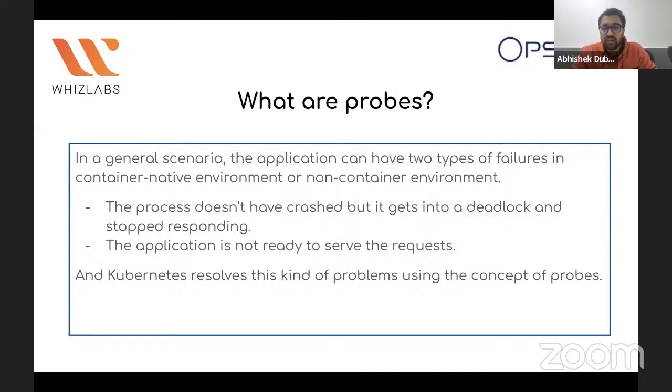So in the initialization phase of a newly deployed application, we cannot send traffic because it is not fully initialized. The second scenario is when the application is already live, but because of some consequences, the process is still running but not ready to serve traffic because of some dependency. In that case, we can restart that application. Kubernetes resolves these kinds of problems using the concept of probes.